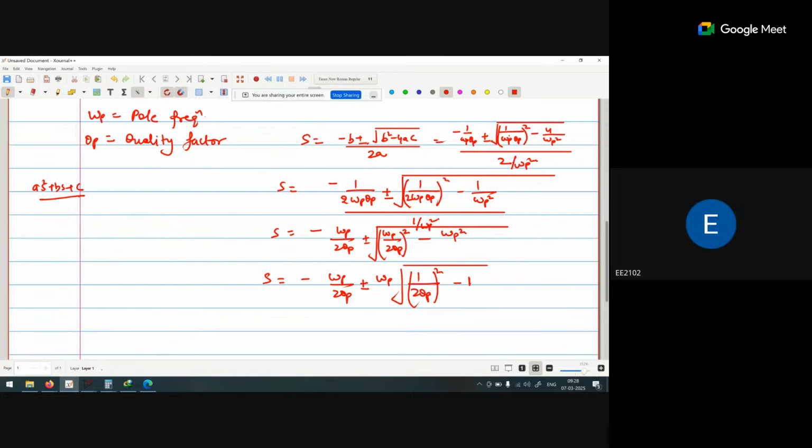Now this term, (1 upon 2 qp) square minus 1, will decide what my system response is. So the possible value is: (1 upon 2 qp) square minus 1 should be greater than 0.